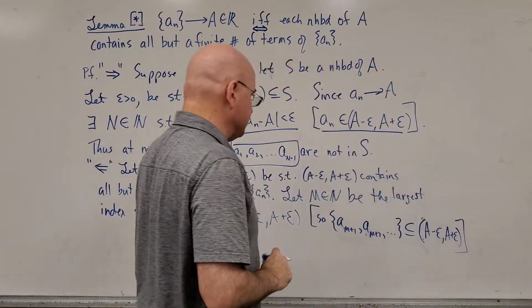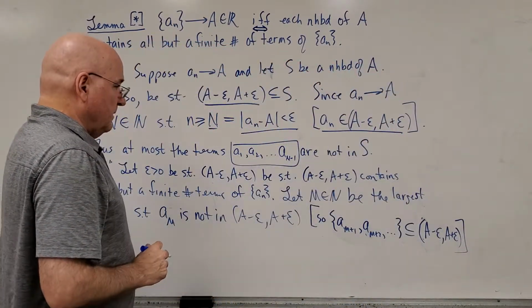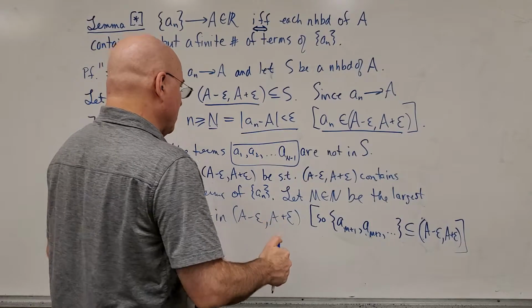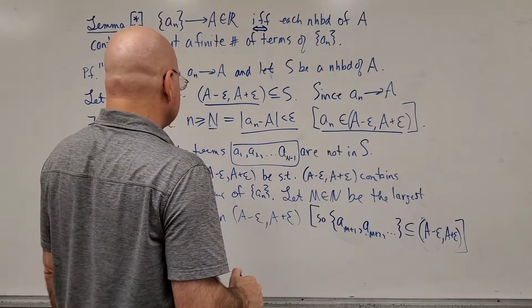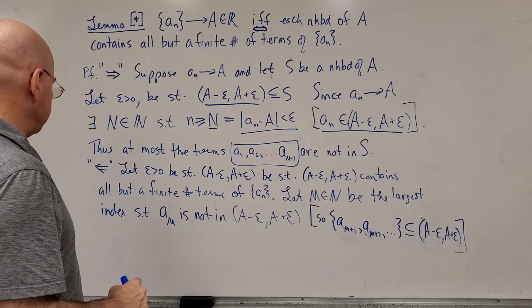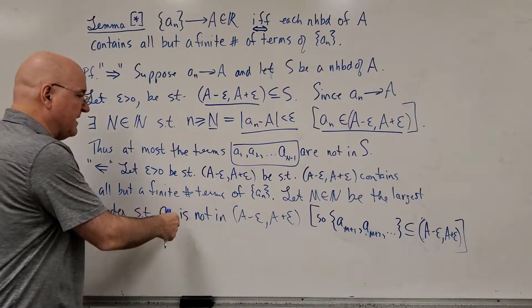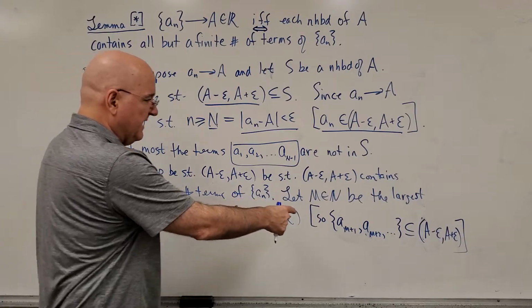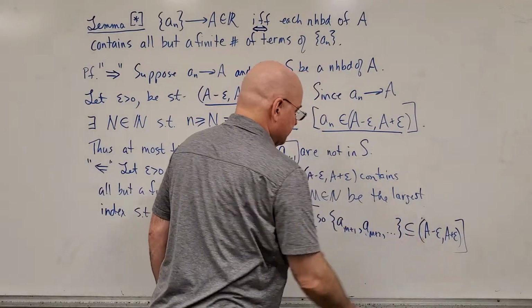Sorry, getting a little bit messy there. So from M plus 1 on, and let's see, am I off by 1? a_M is not in that interval. So from a_(M+1) on, it is in that interval.